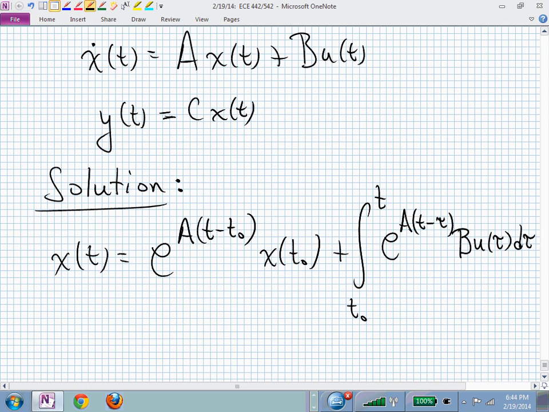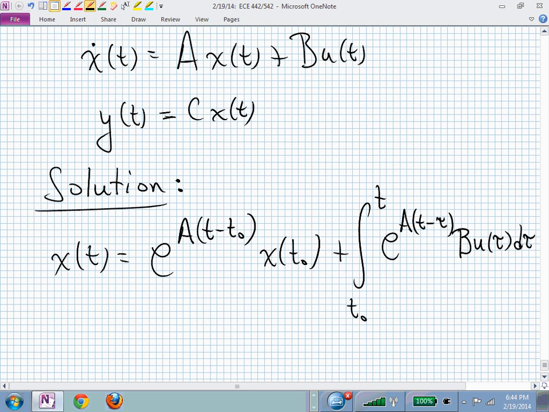One time step later, capital T units of time later. We're going to say, okay, t naught, let's just make that some point in time, maybe little n cap T, and let's make this one sample period later. That's now n plus 1 times cap T.